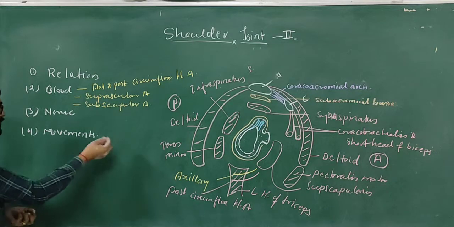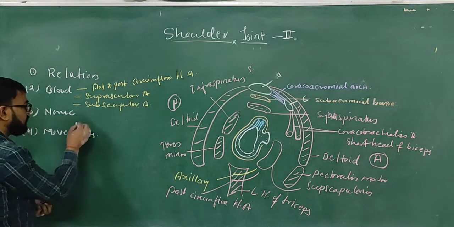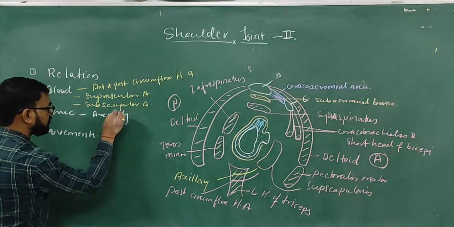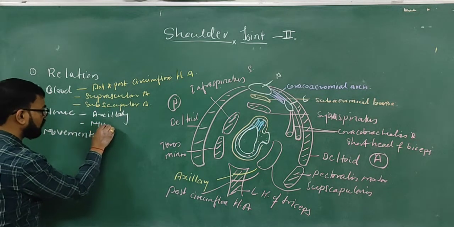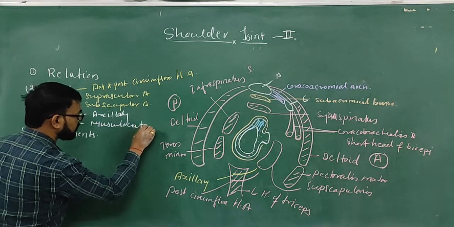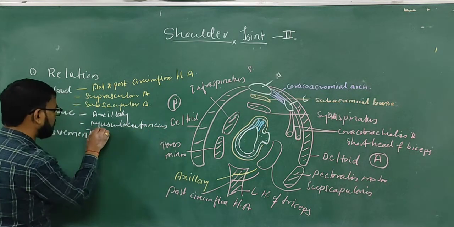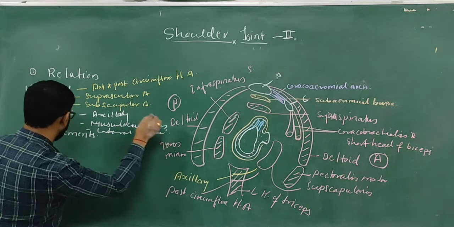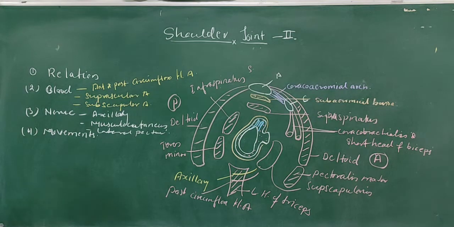Nerve supply: the axillary nerve, musculocutaneous nerve, and lateral pectoral nerve.